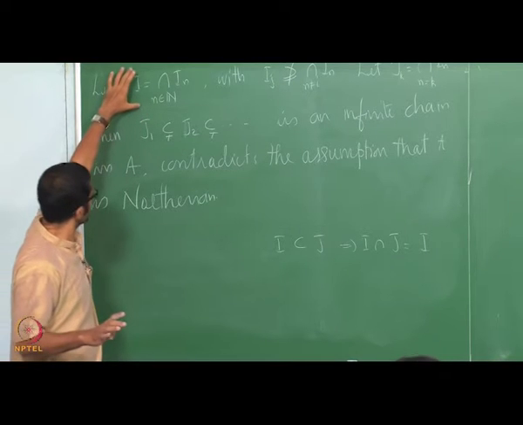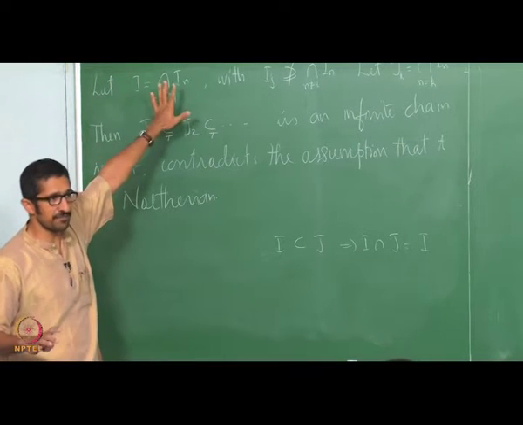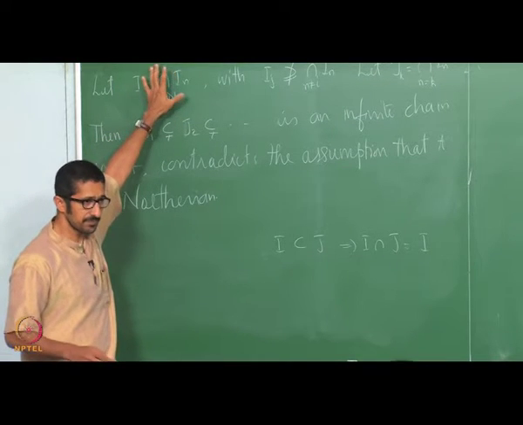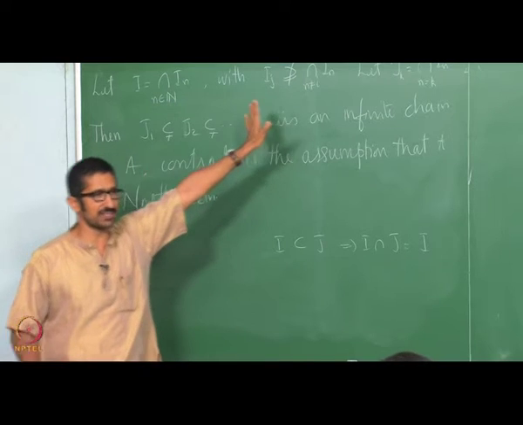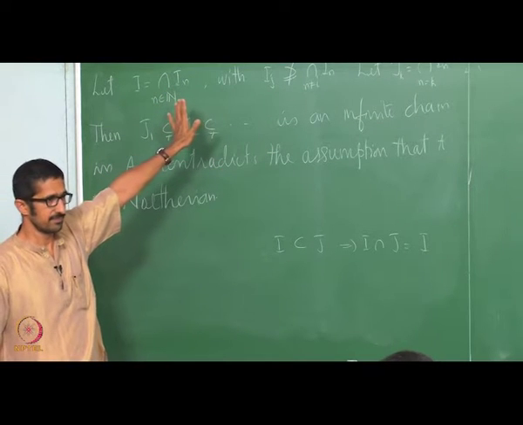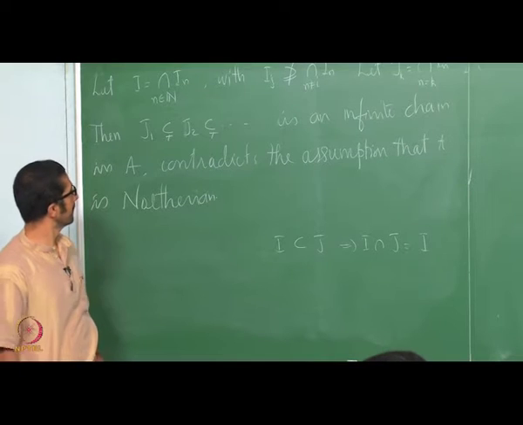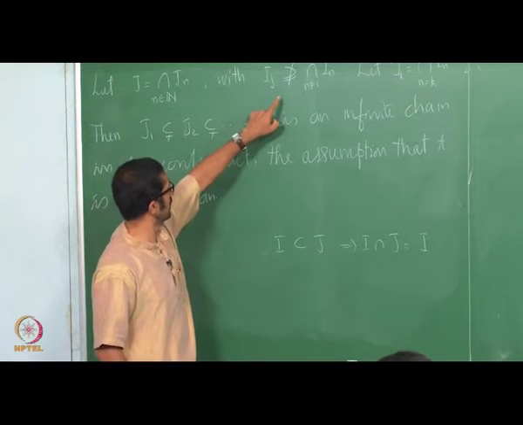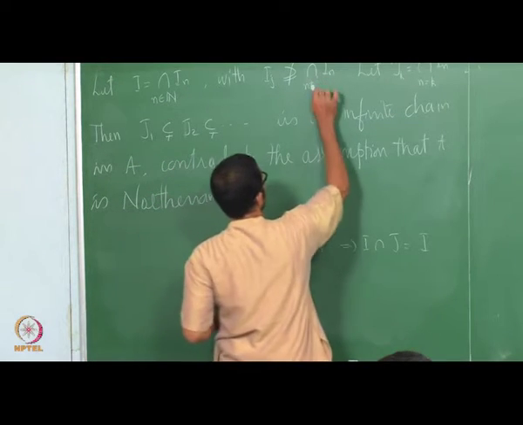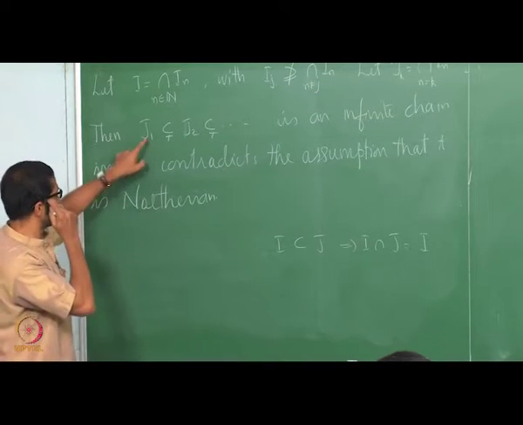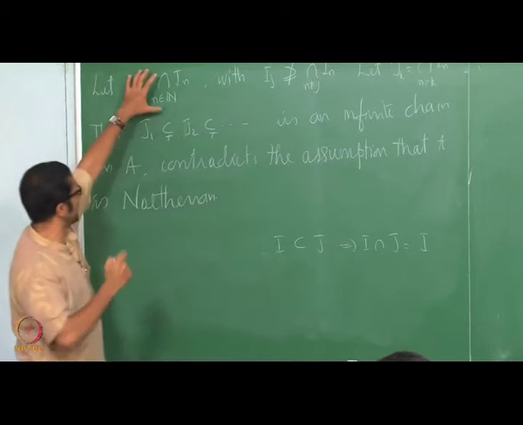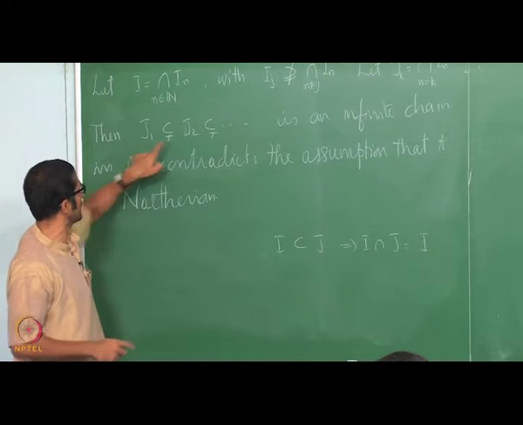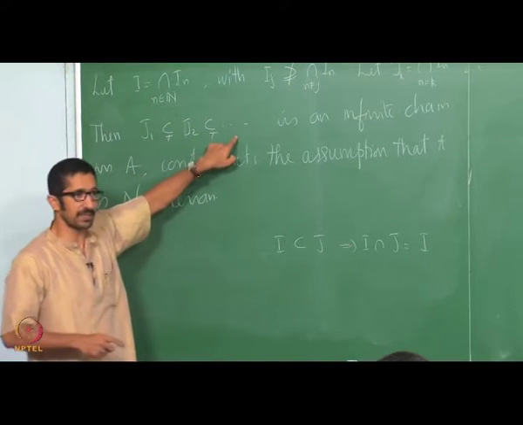So any primary decomposition has to be infinite. So in the second assumption that should be n not equal to j. This condition will ensure that there are no redundant ideals, and that at each step we have a proper containment.